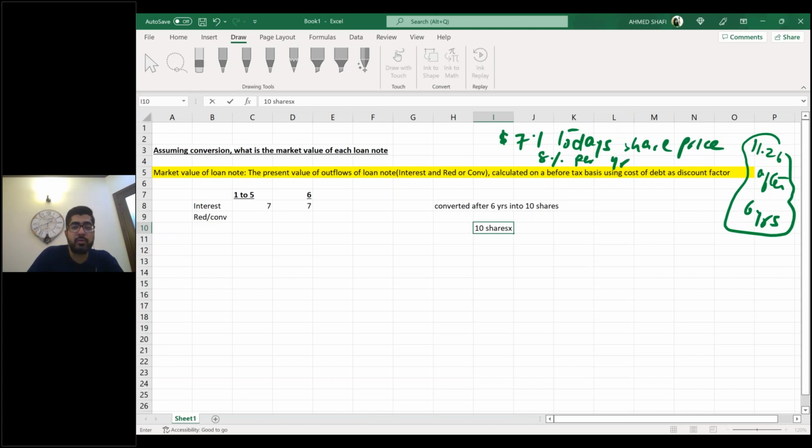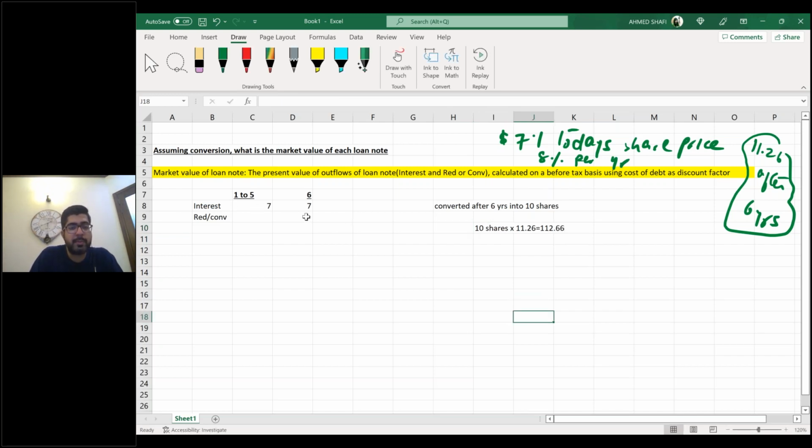This is being converted into 10 shares after 6 years. Since 7.1 is the current share price growing by 8% per year, after 6 years it's going to be 11.26. So this will produce 112.66.